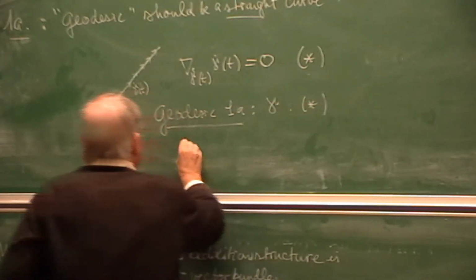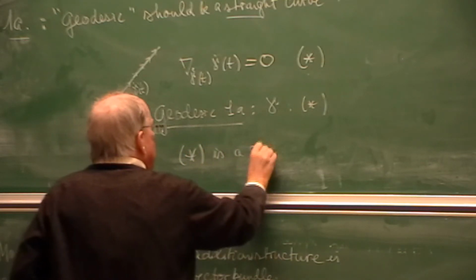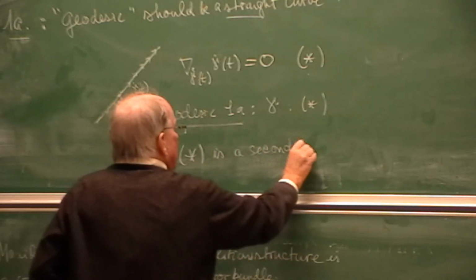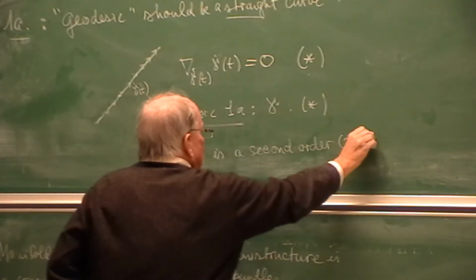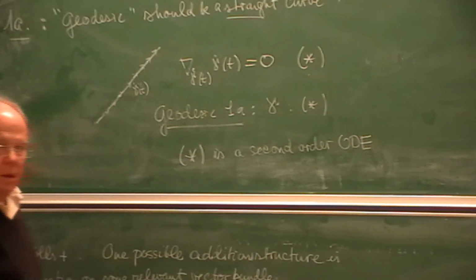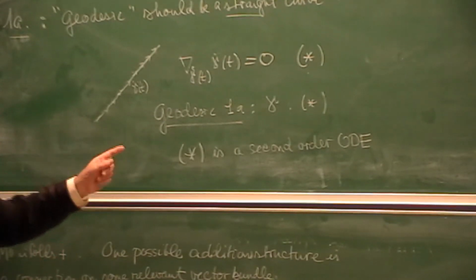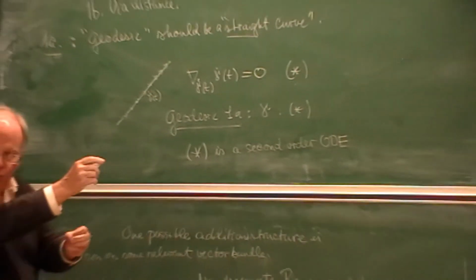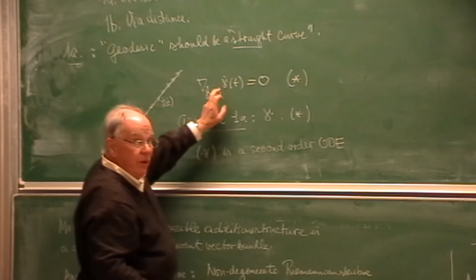This equation star is a second order ODE. Do you see that? That's almost clear, because where did I do this ODE business? Oh, I didn't do it. Remember, in coordinates, I got that parallel transport is a first order ODE, but now I'm taking derivatives of the derivative in this discussion.